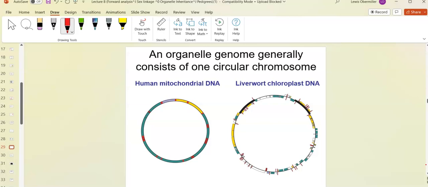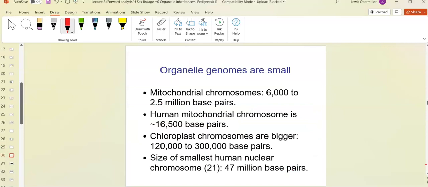The other thing is that mitochondrial chromosomes are generally much smaller than chloroplast chromosomes, which are usually a lot larger. Mitochondria range from 6,000 to 2.5 million base pairs for the whole chromosome. Humans have about 16,500 bases of mitochondrial DNA.